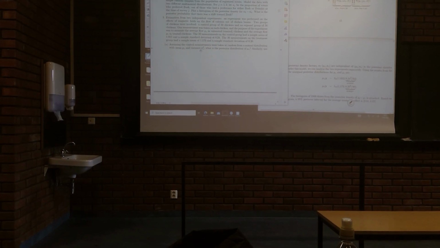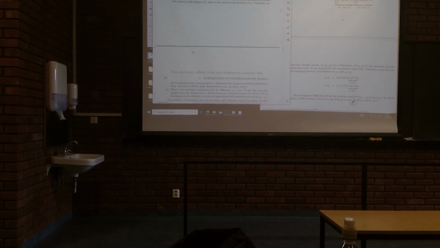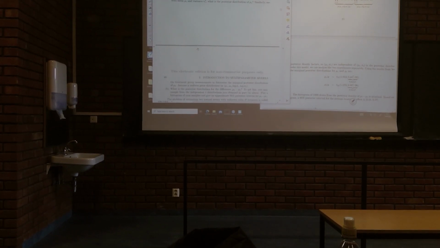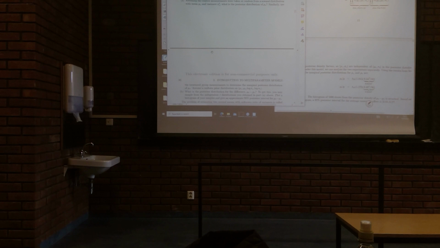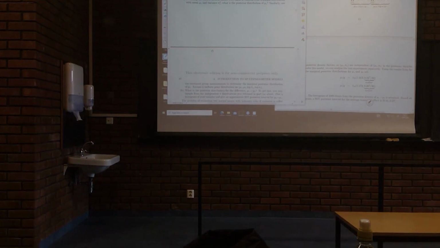But then we are going to look at a Bayesian analysis on this. And in the end, we are interested in saying something about the difference between the expectations between the two groups. So that's the parameter of interest.